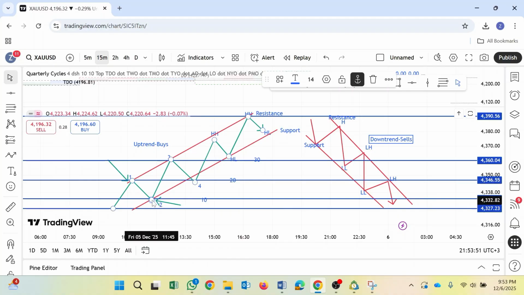So this is where I placed my TP1 or my take profit. It came and hit my TP, which means I have bagged my 10 good pips. That means it's my 10 pips times my lot size times my amount, and then I get my profits.